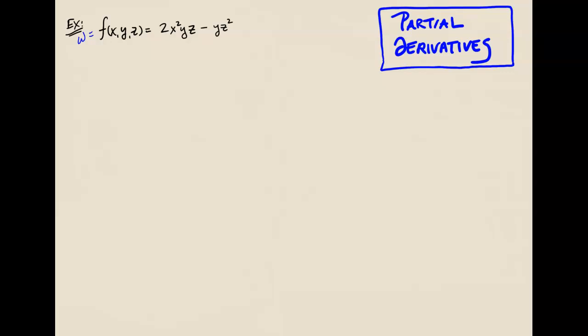And there are still ways that you can think somewhat intuitively about such a function in an almost graphical manner. In fact, with a function of 3 variables like this one, at least we can think about the domain graphically. Now, the domain in this case would be all of 3-dimensional space, all of R3, because you could put any values of x, y, and z into this whatsoever, and you get some kind of output.